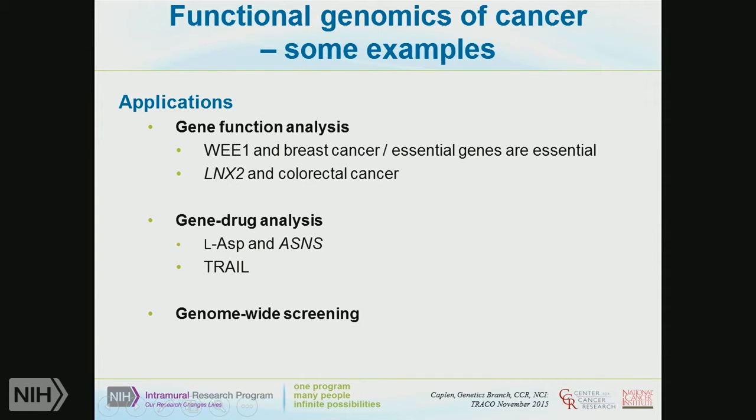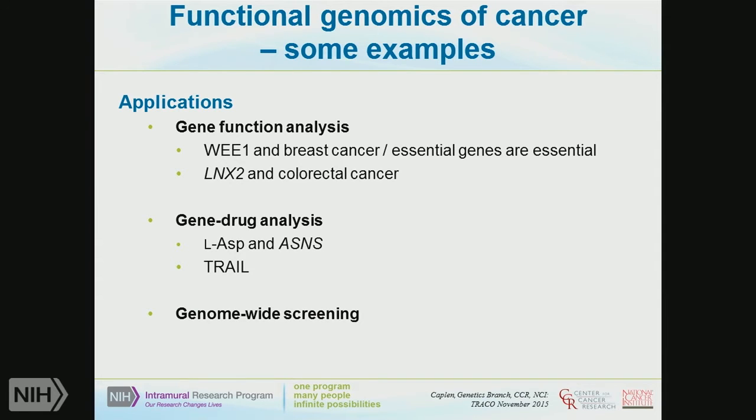So what I'm now going to do is spend the last part of the presentation going through a few examples of what my lab has done over the last few years using RNAi-based analysis. But all of these are types of experimentation that would be equally applicable whether you were doing RNAi or CRISPR or any other.